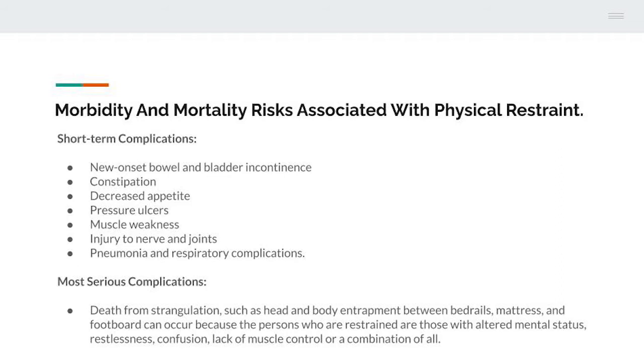However, there are more serious complications too, such as death from strangulation, head or body entrapment between bed rails, mattress, and footboard can occur because the persons who are restrained are those with altered mental status, restlessness, confusion, lack of muscle control, or a combination of all.